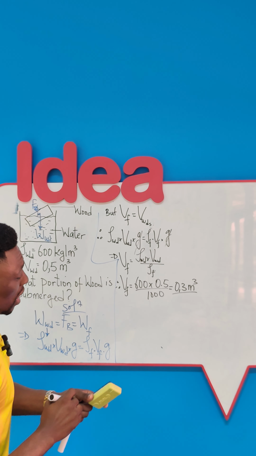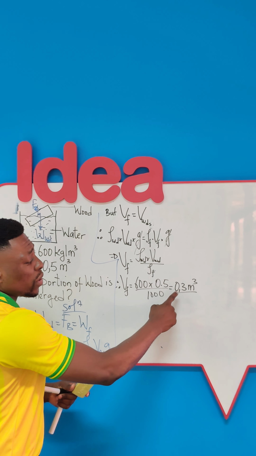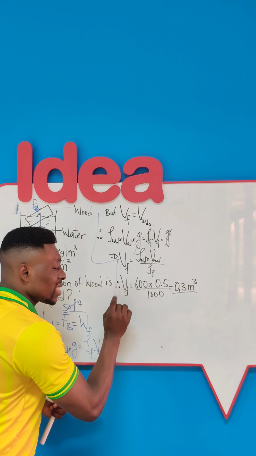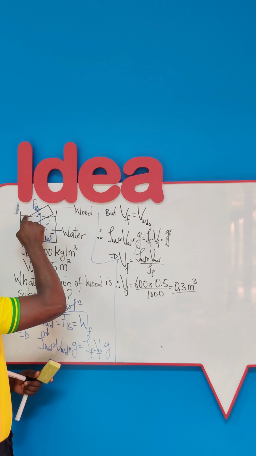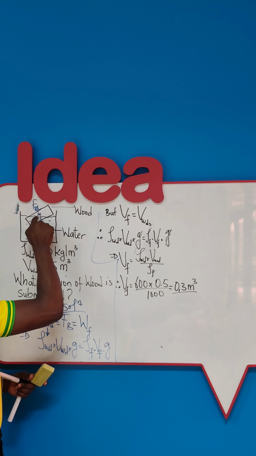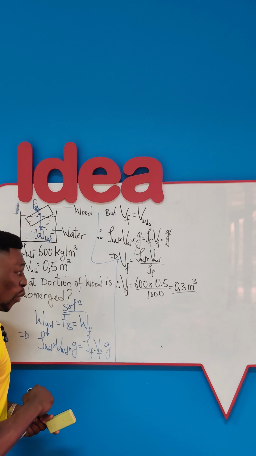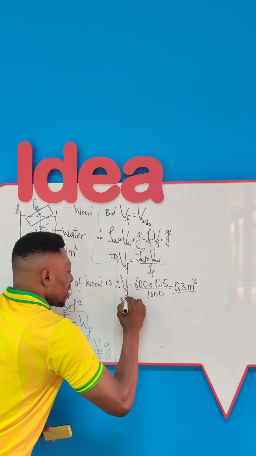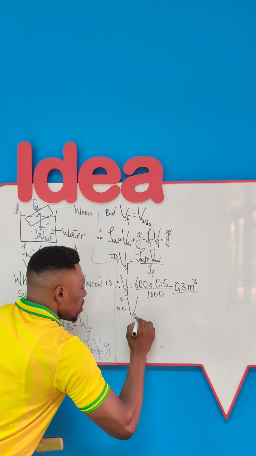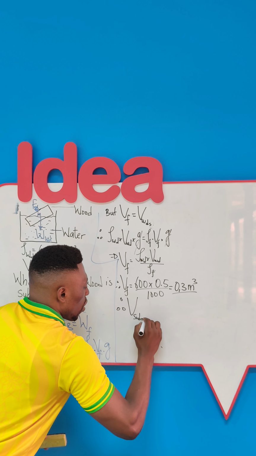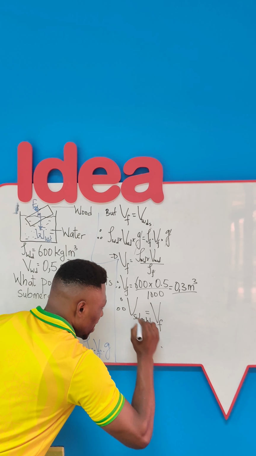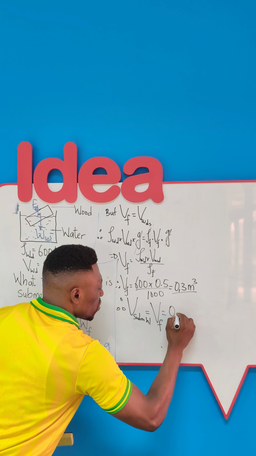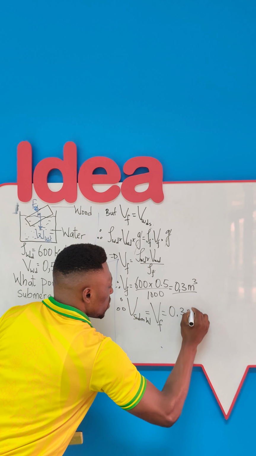Now, let me explain something here. This 0.3 meters cube represents the amount of water which is displaced the moment this portion of this log of wood is immersed here. Therefore, the volume of submerged log of wood, which is equal to the volume of the fluid displaced, is equal to 0.3 meters cube.